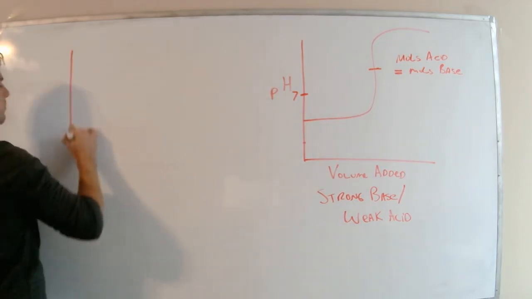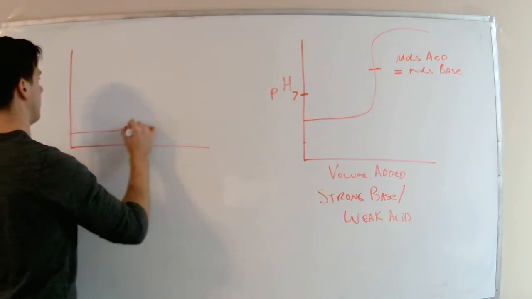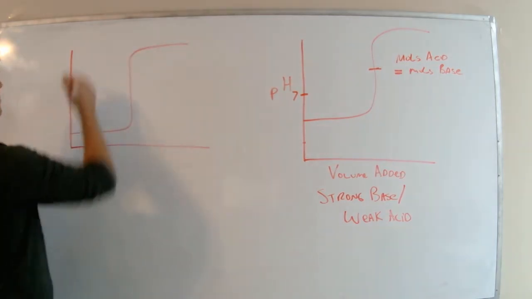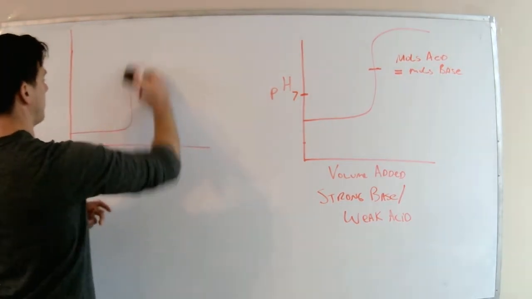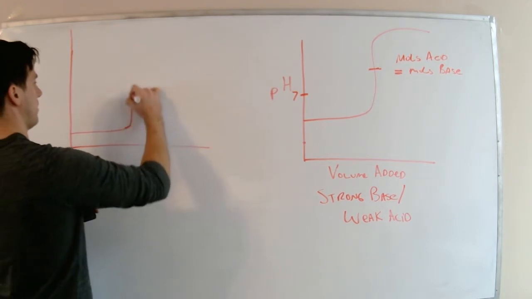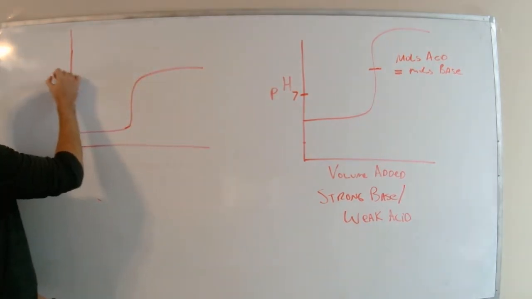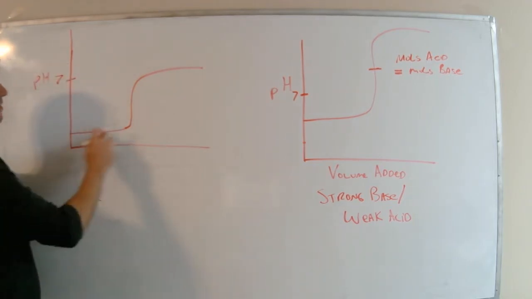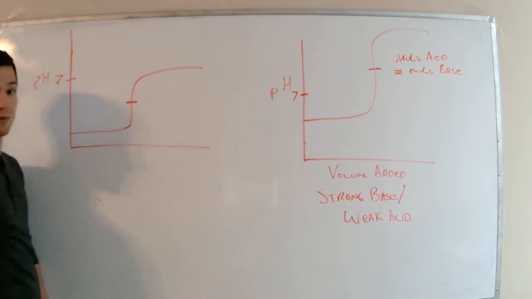So an example where we will have a strong acid and a weak base, let's see here, is going to be something, I'm going to fix this just a little bit, like this, okay? Say our pH is 7 halfway up, but then we look at the equivalence point halfway between that giant slope, it's going to be right there.